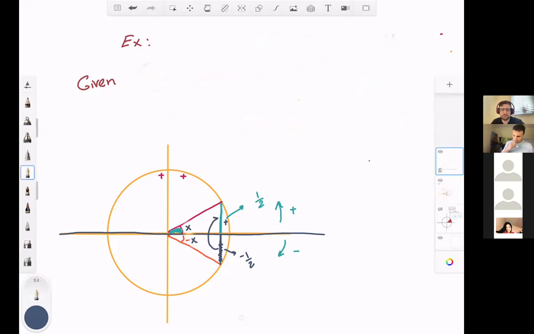So the question is, given sine of negative t equal to 3/8, find sine of t.